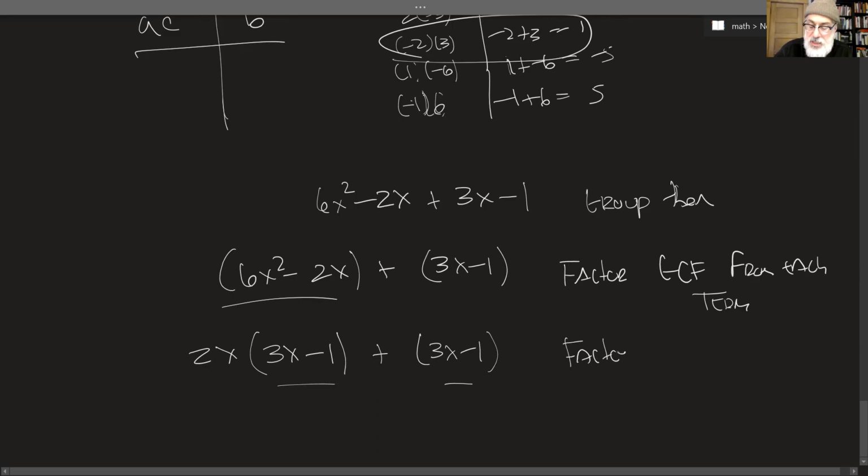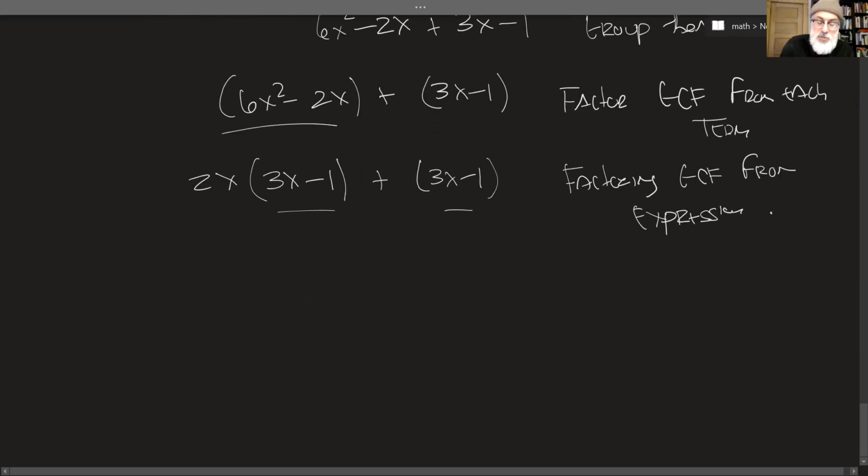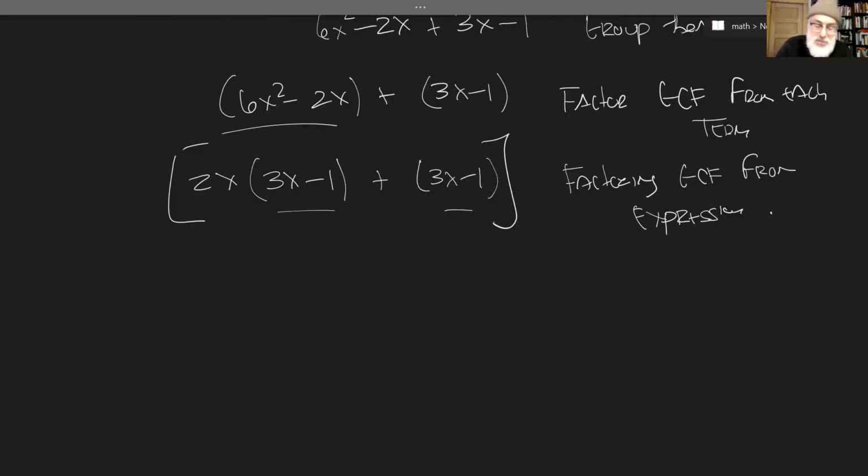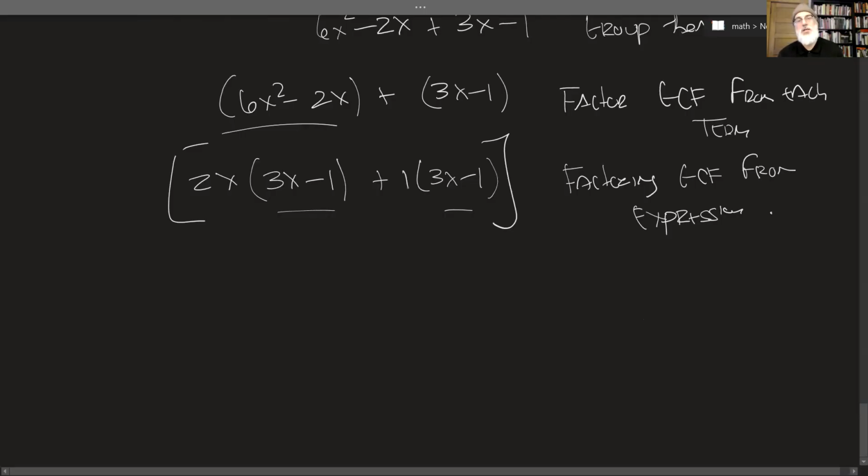So we're factoring out the GCF from the entire expression. If we think of this as being in parentheses, the first term is 2x times 3x minus 1, and the second term, we can think of this as being 1 times 3x minus 1, if that's easier to conceive.